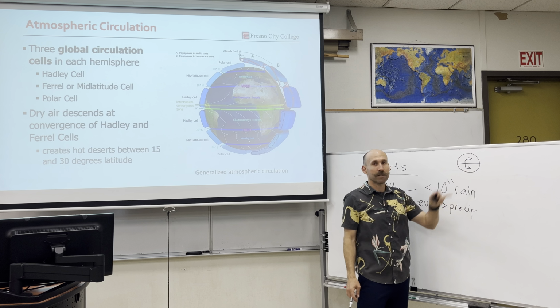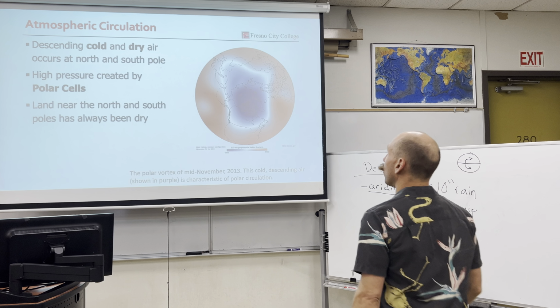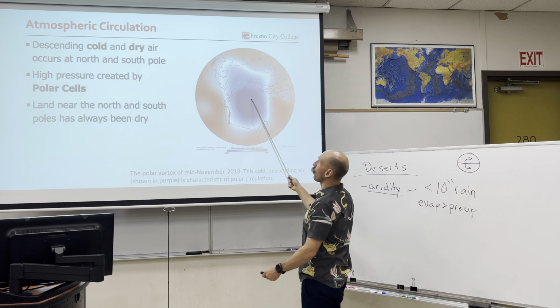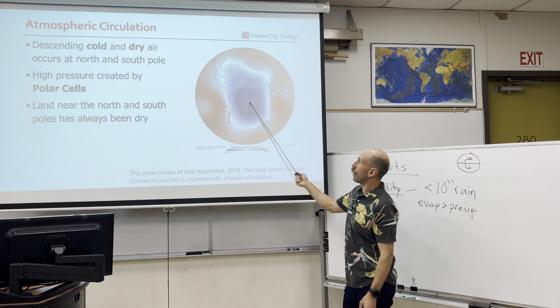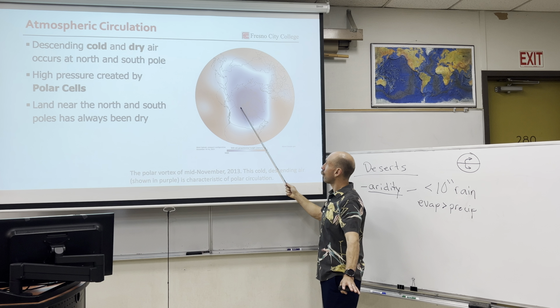So all of this to say, the global distribution of the world's deserts is controlled by latitude because of how air moves, atmospheric circulation patterns. The poles have descending cold and dry air, both the North and the South Pole, with high pressure created by the polar cells.